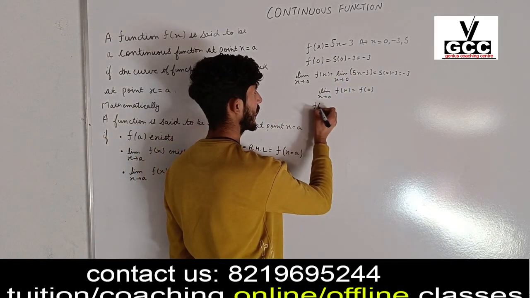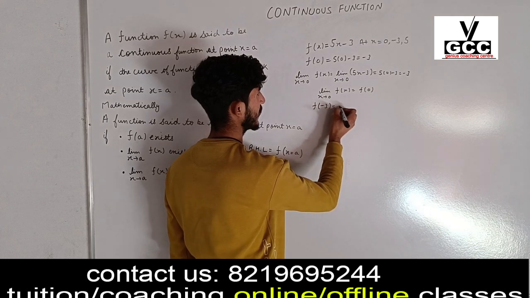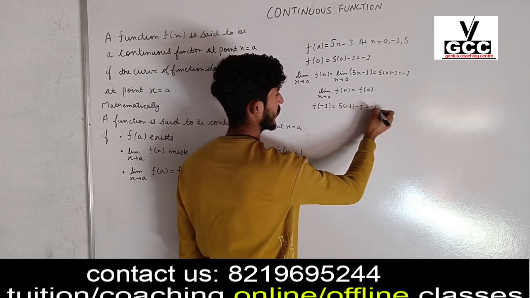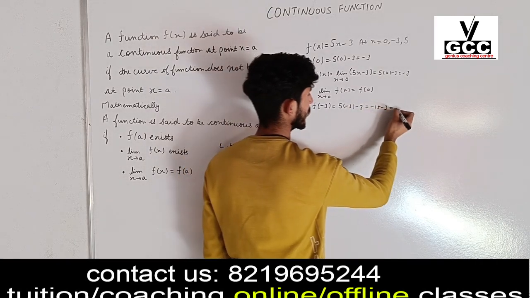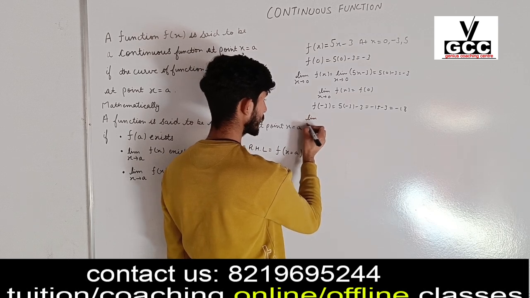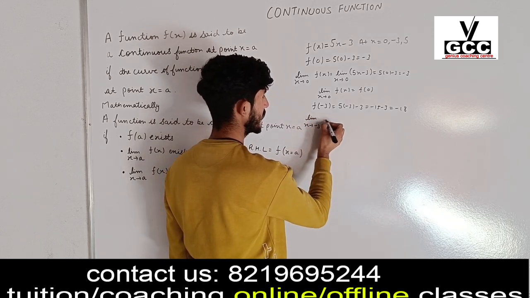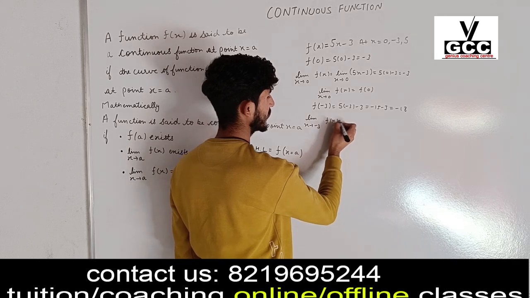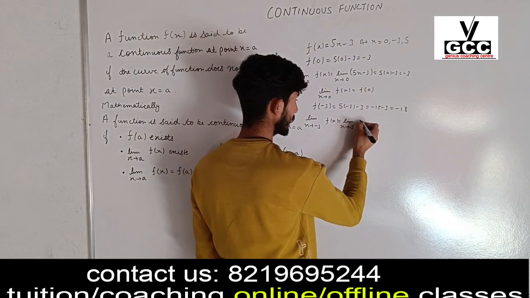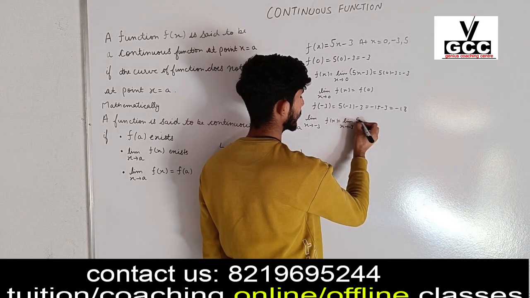Similarly, we can find f of minus 3, that is equal to 5 into minus 3, that is equal to minus 15 minus 3, that is equal to minus 18. Now similarly, we can find limit x approaches to minus 3, f of x, that is limit x approaches to minus 3, f of x equal to 5x minus 3.